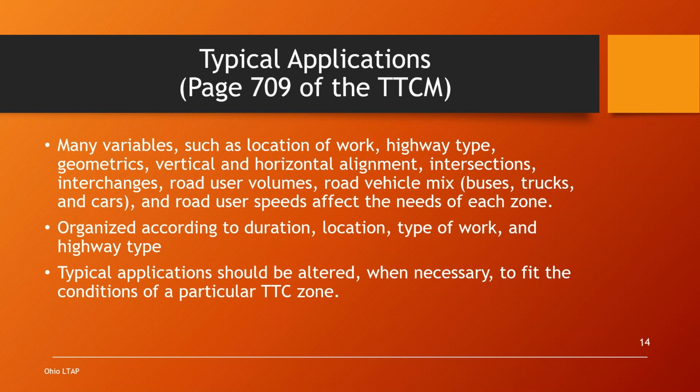And then there's another page that goes with it, the notes page. And we'll see that it has things like standards and options and guidance and things like that to think about in your design. And these typical applications need to be altered when necessary to fit the conditions of a particular temporary traffic control zone.